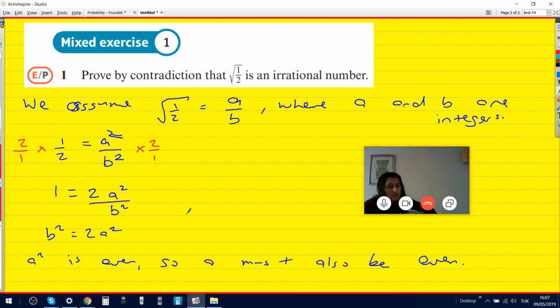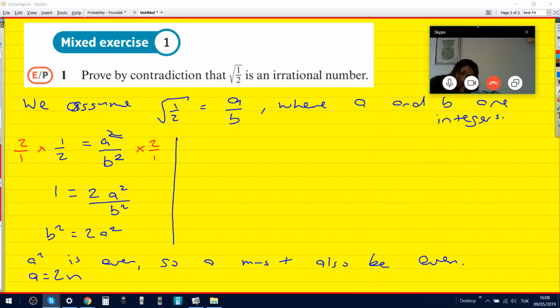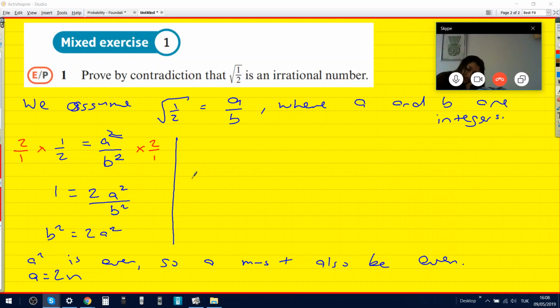Okay, a is even, so a is equal to 2n. Sub it in. So sub in 2n for a.